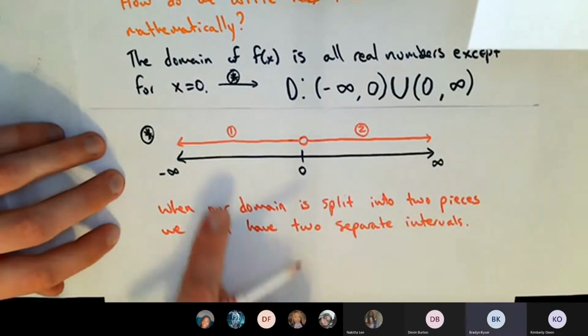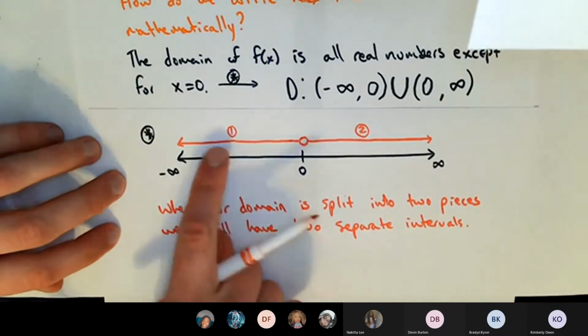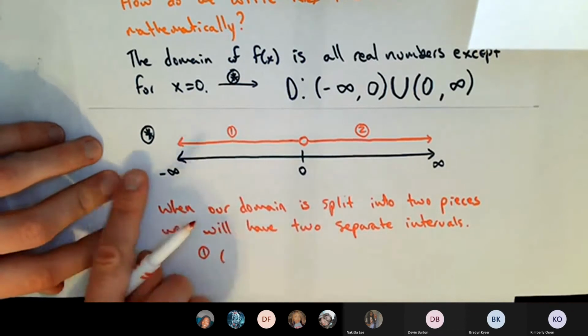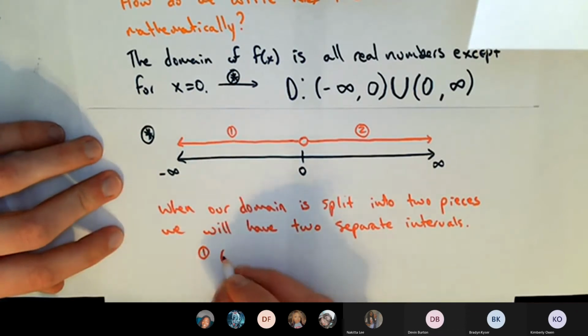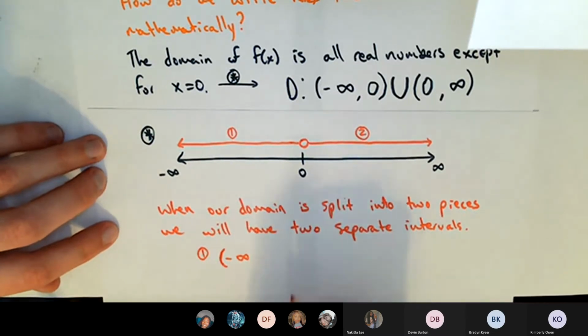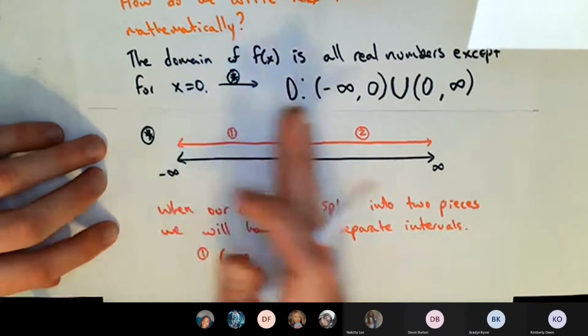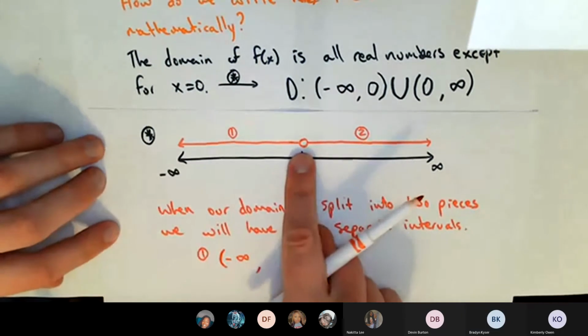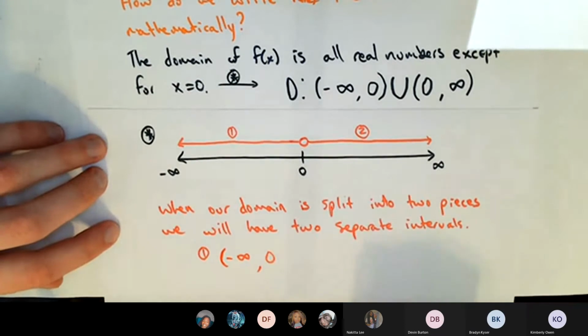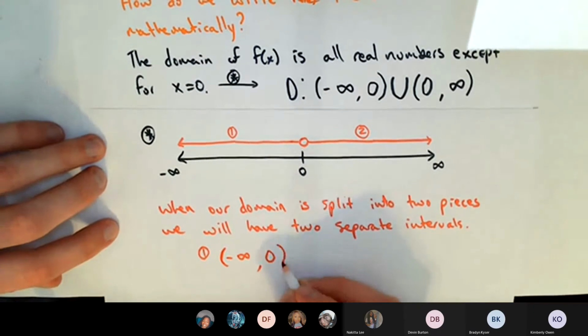So the left one, the one that I've notated as number 1 here, you always read them from left to right. So on the left is my negative infinity, and you always put parentheses around the infinities, whether it's positive or negative. And then this interval ends at that hole on the number line. What number is it ending at? That 0. And we use parentheses.